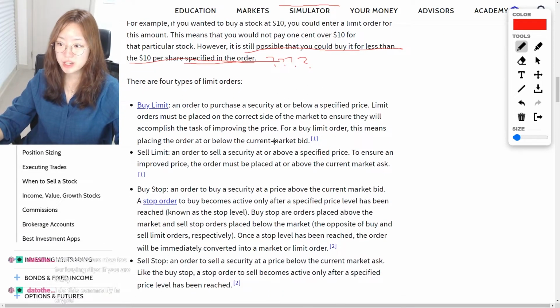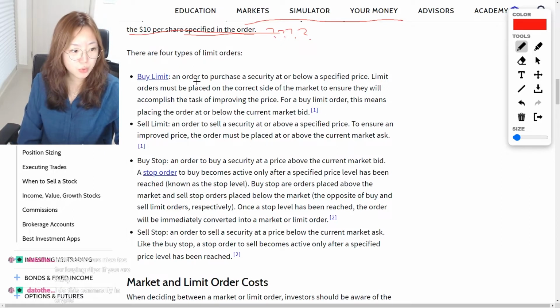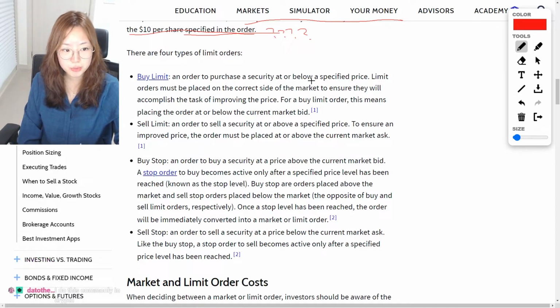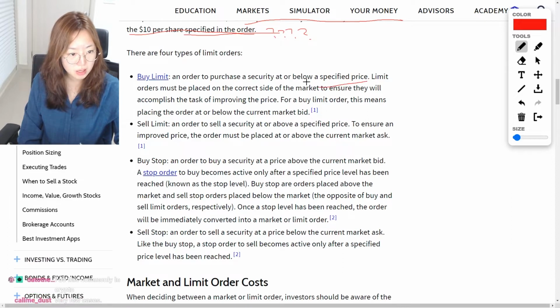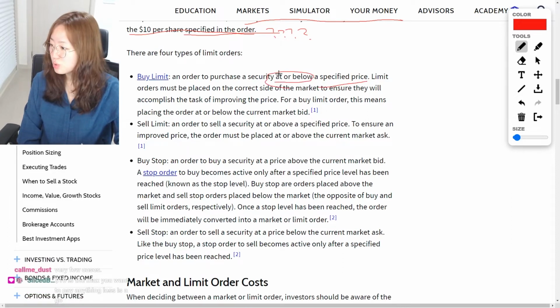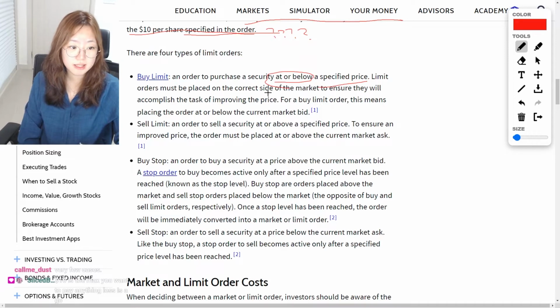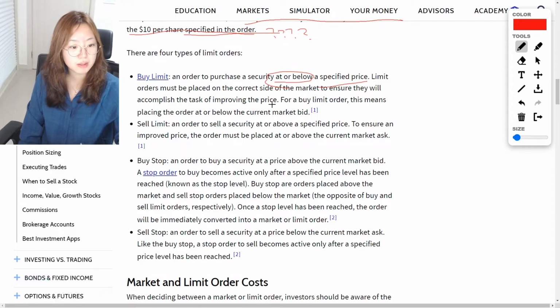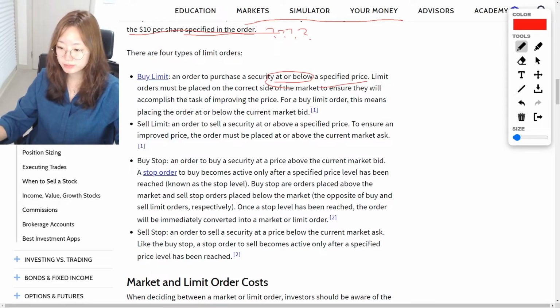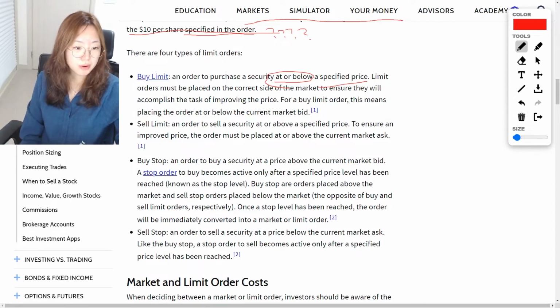Sorry. There are 4 types of limit orders. Buy limit, in order to purchase a security at or below a specific price. 이게 진짜 좋다. This is really good. Limit orders must be placed on the correct side of the market to ensure they accomplish the task of improving the price. For a buy limit order, this means pricing the order at or below the current market bid.